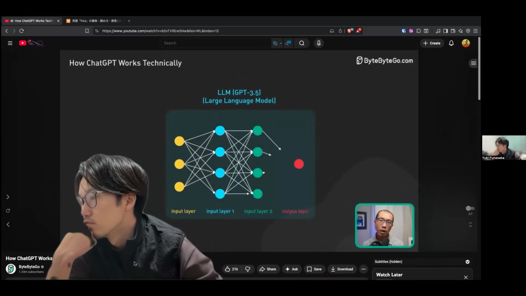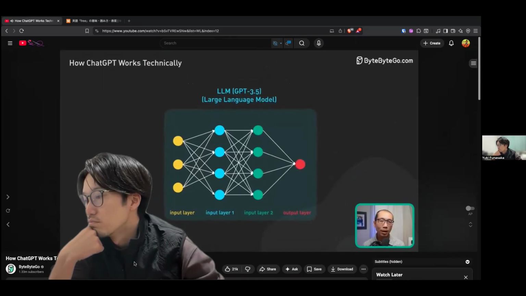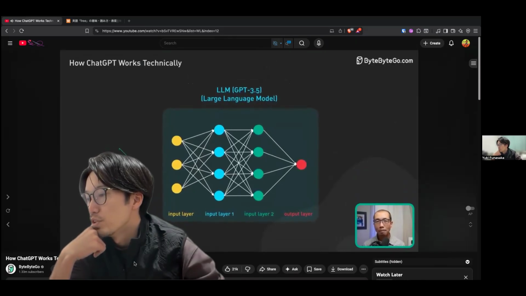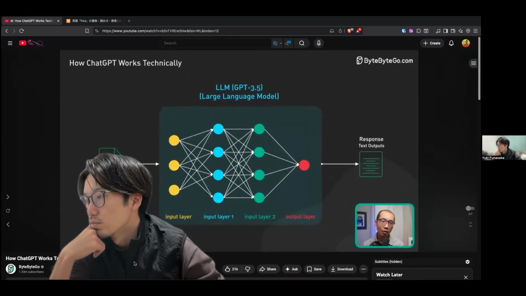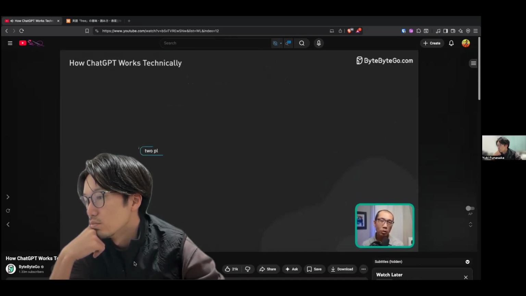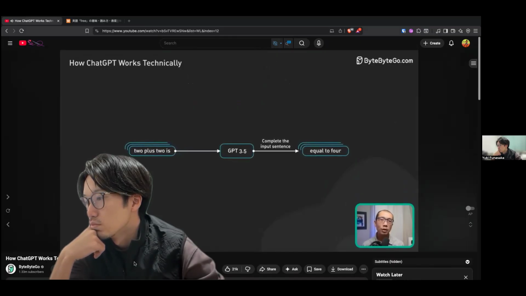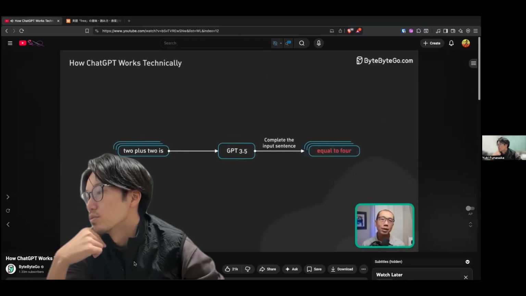Now, a large language model is a type of neural network-based model that is trained on massive amounts of text data to understand and generate human languages. The model uses the training data to learn the statistical patterns and relationships between words in the language, and then utilizes this knowledge to predict the subsequent words, one word at a time.